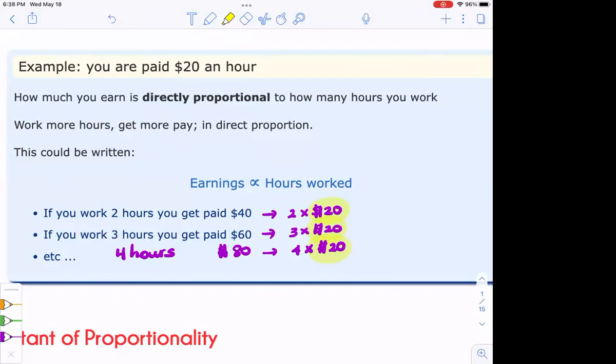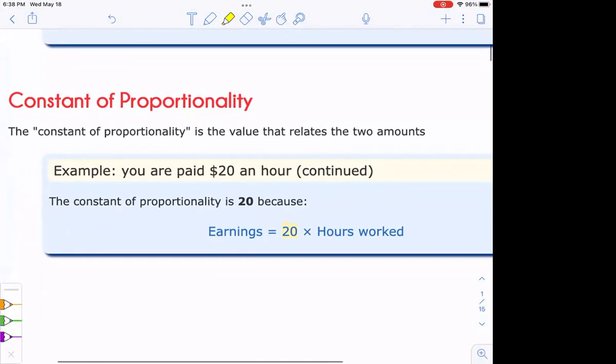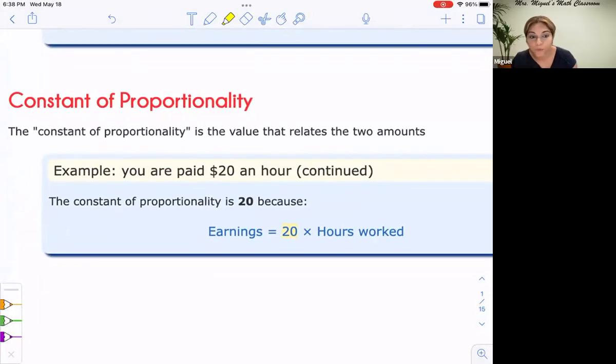Yes, miss. Right. So the constant of proportionality is the value that relates the amounts. You are paid $20 an hour. So the constant of proportionality here in this question is 20 because your earnings is dependent on the number of hours worked.